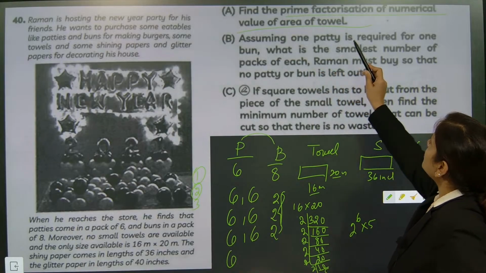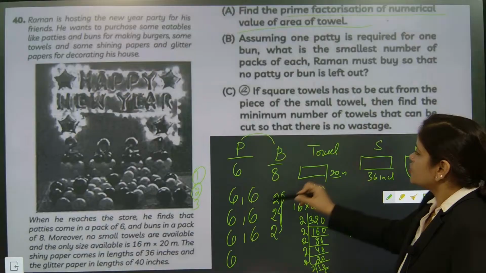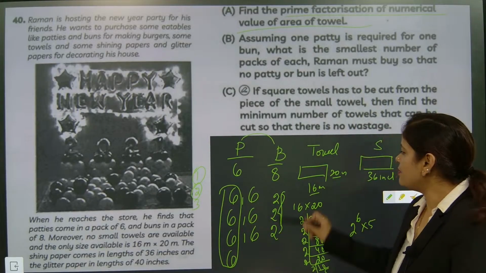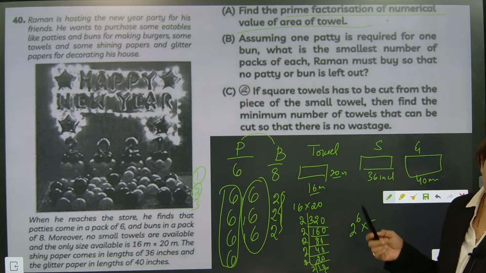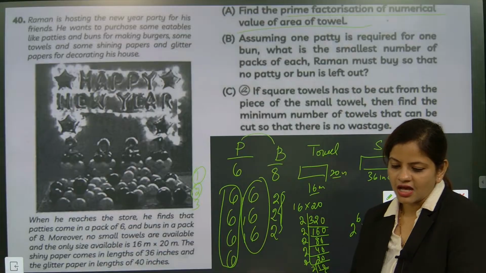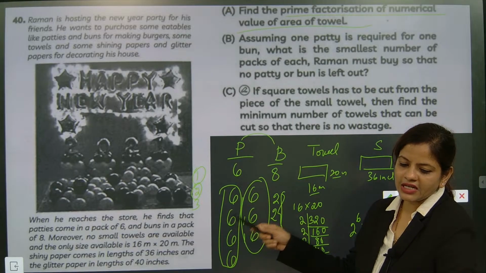So what is the smallest number of packs of each Rahman must buy? Patties required is 4 packs and buns required is 3 packs. Here simple symmetry is giving us the answer because it is one patty with one bun.